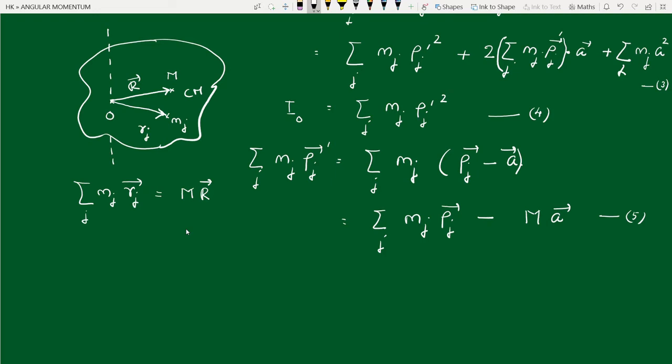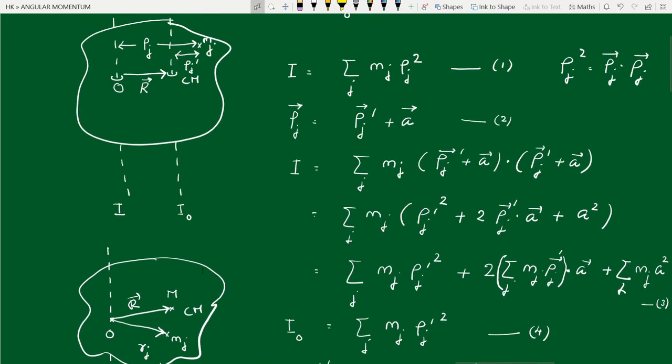It will be summation over j of mj rho j, where rho j is the perpendicular distance from the axis, equal to M r perpendicular, where r perpendicular is the perpendicular vector of the center of mass from the axis.